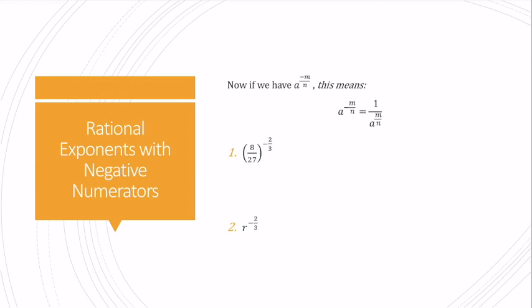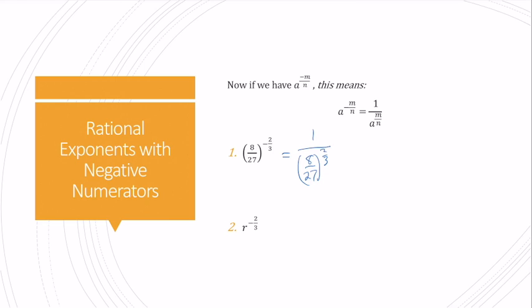All right, let's try this again. What if I have 8 over 27 to the negative 2/3? This is a little bit more complicated. Let's work through it. I still have 1 over 8 over 27 to the 2/3.